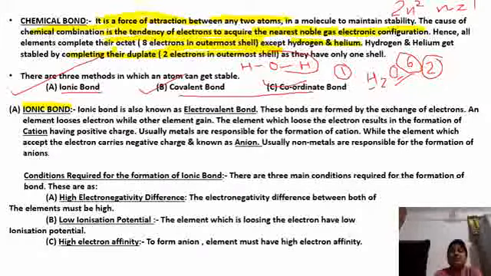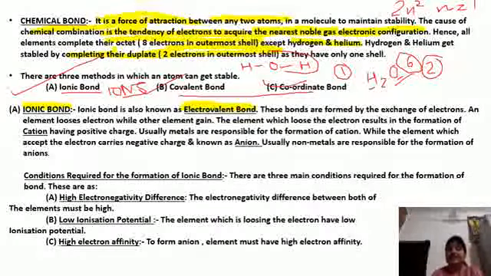Ionic bonds are also known as electrovalent bond. बेटा नेम से ही क्लियर है, ionic bond means the constituent particles of these are ions. अब ions क्या होते हैं?